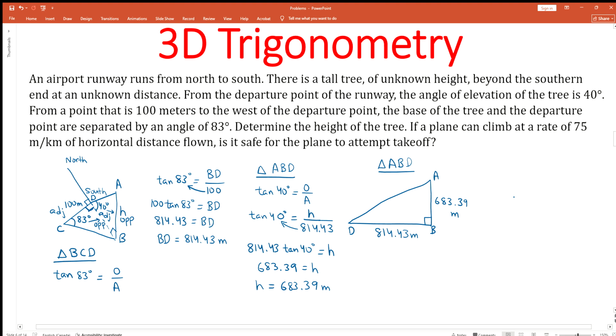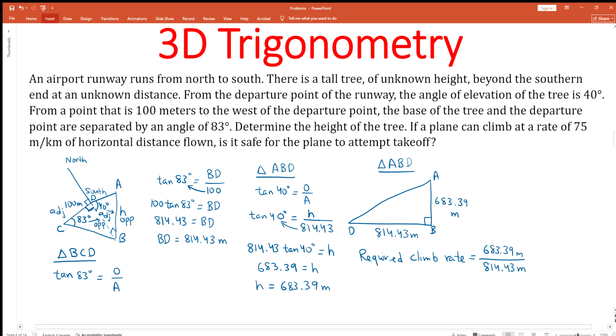The required climb rate can be calculated by dividing the height of the tree by the horizontal distance of the tree from the departure point, which is 814.43 meters.